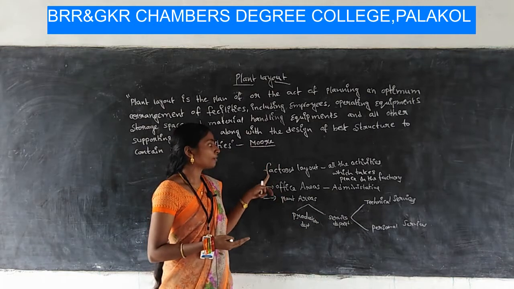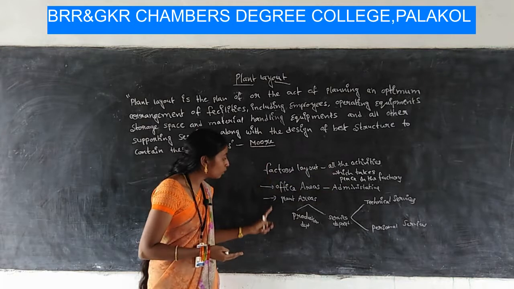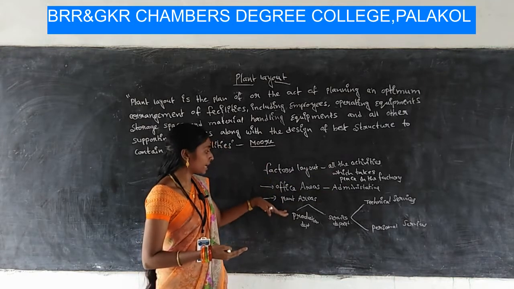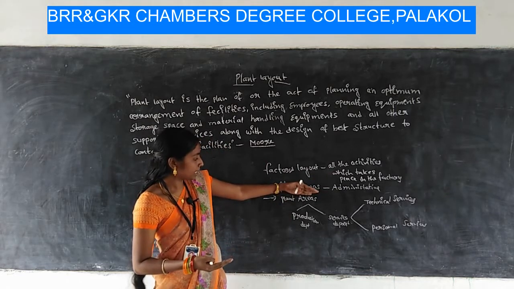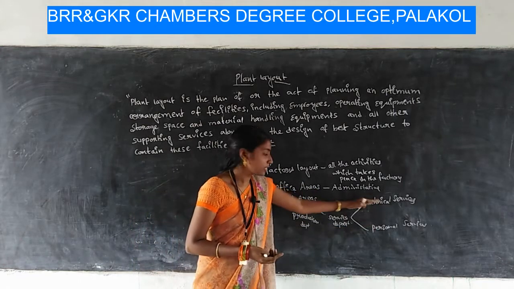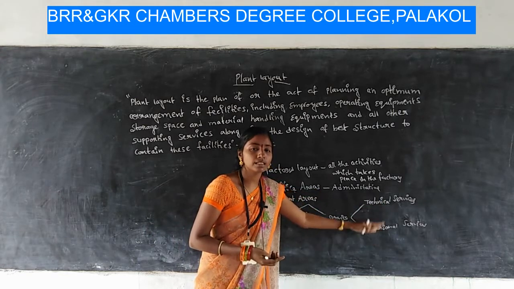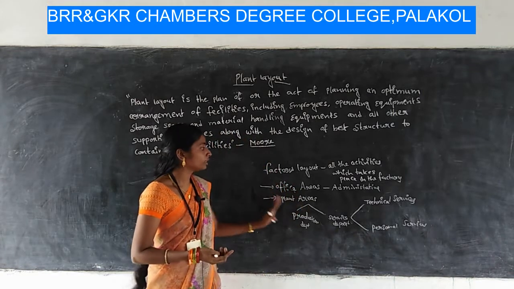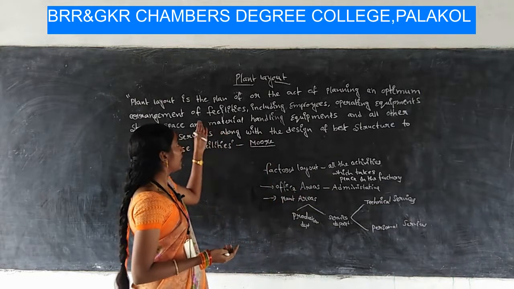So the scope of the factory layout is wider, which covers all those activities. Coming to the plant layout, it covers the activities related to the plant areas only, which means the production department and service departments, which can be categorized into two types, technical services and personal services. Based on this explanation, we can define the plant layout like this.